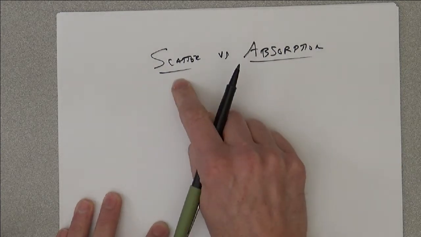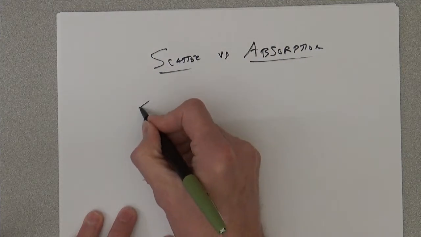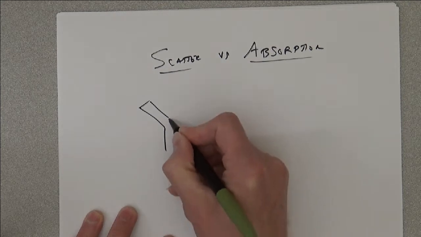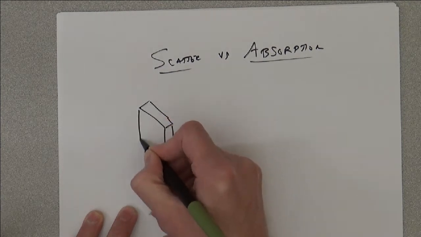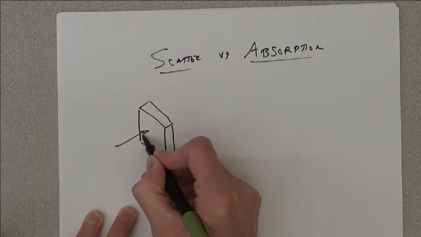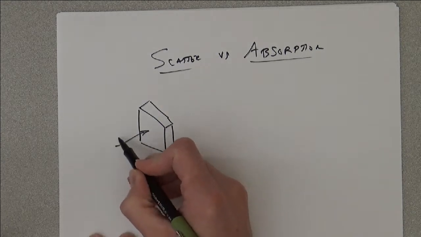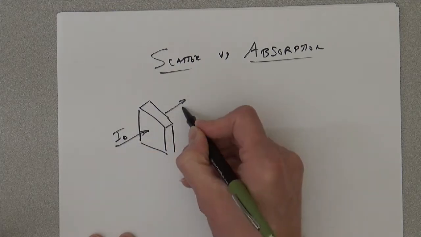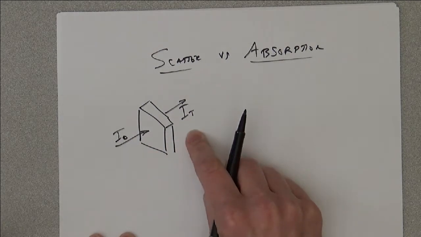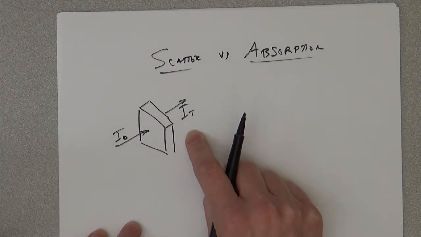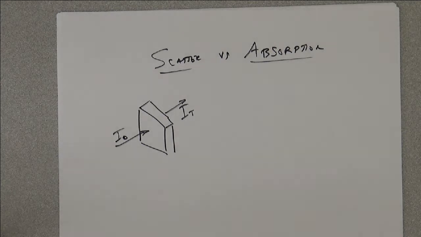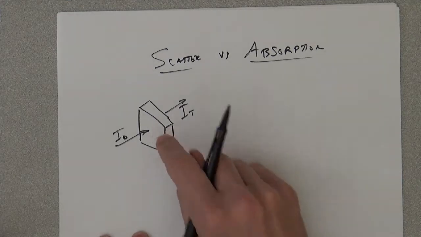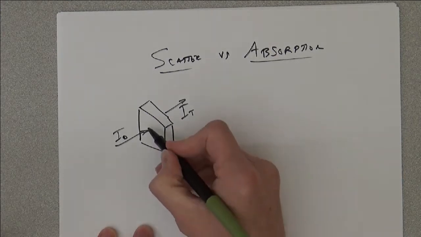If you think about, say, a sheet of glass or a sample of some sort, you're going to have some incoming and some transmitted intensity. And you think, well, okay, that means that it's either going to be reflected or absorbed. It can also undergo scattering.